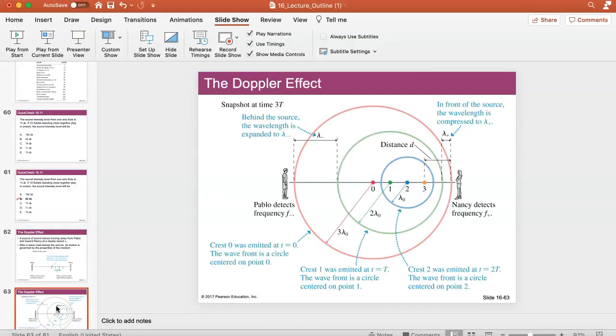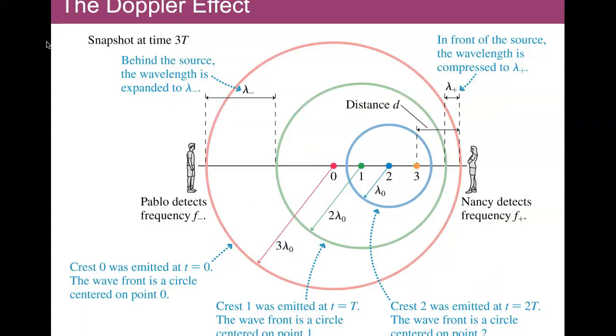Let's try to draw that picture better. Okay, so that's a better picture. So let's say initially the source is here, so that's the original wavefront. And in the time that this wavefront has grown by this much, the source has moved all the way from 0 to 3.